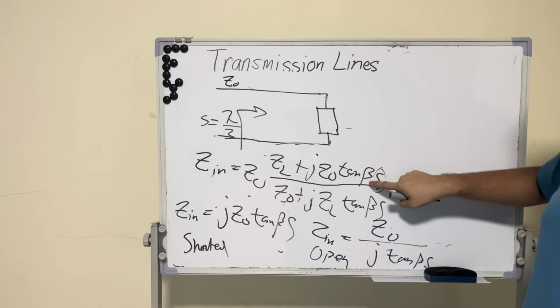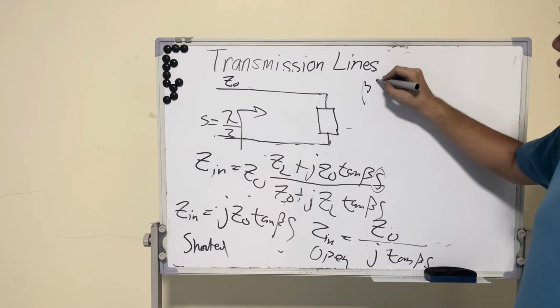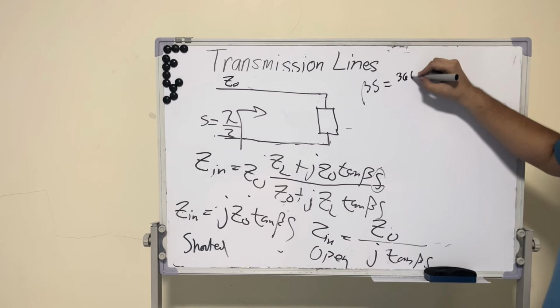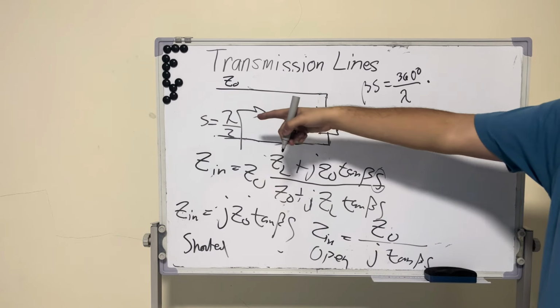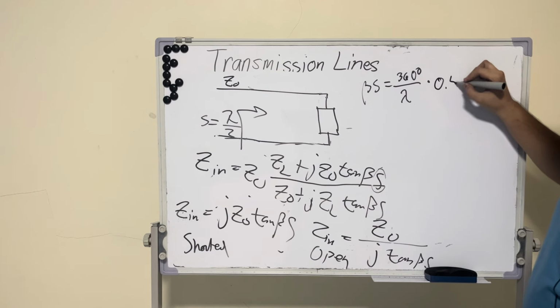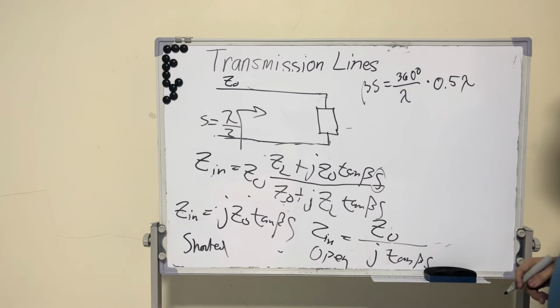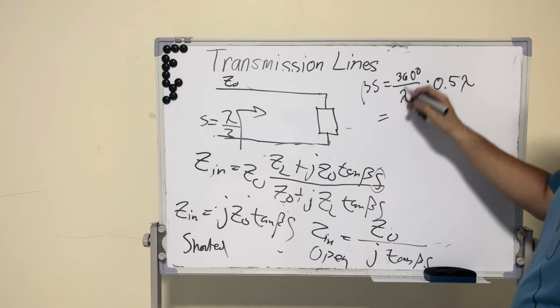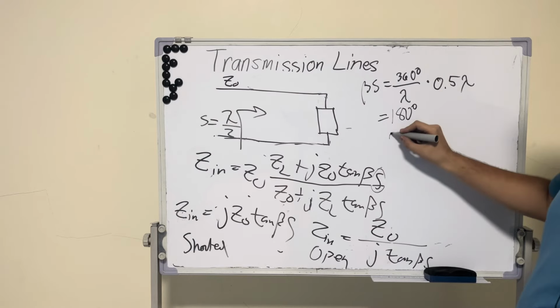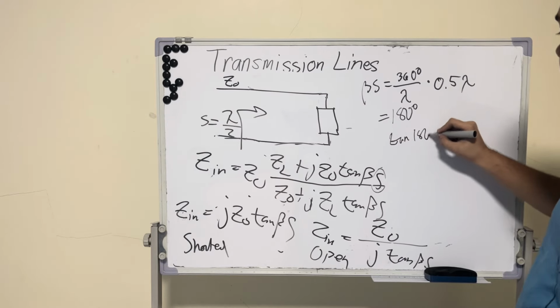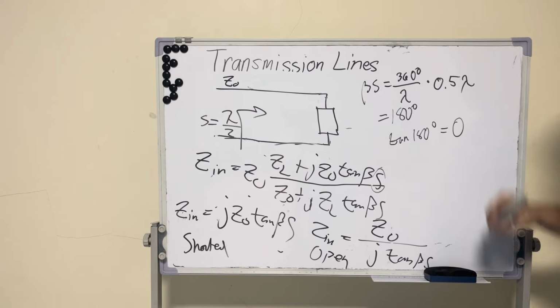So beta S in this case is 360 degrees over lambda times half a wavelength, that would be 0.5 lambda. Cancel the lambdas, multiply 360 by half, we get 180 degrees. Tangent of 180 degrees, if you know, is 0.